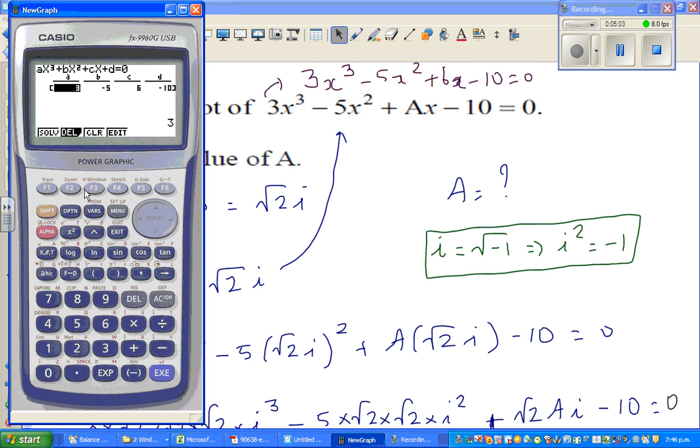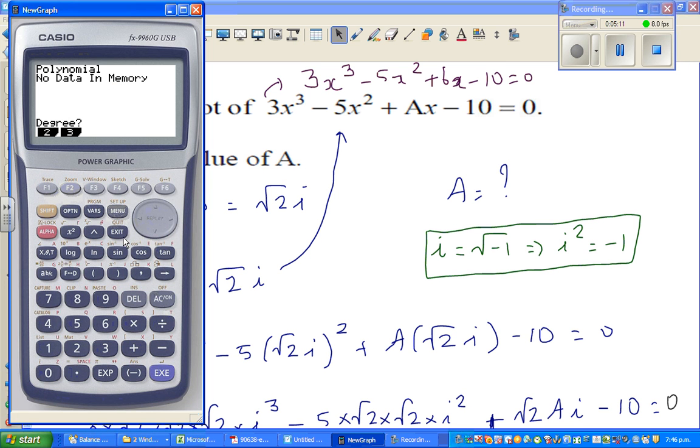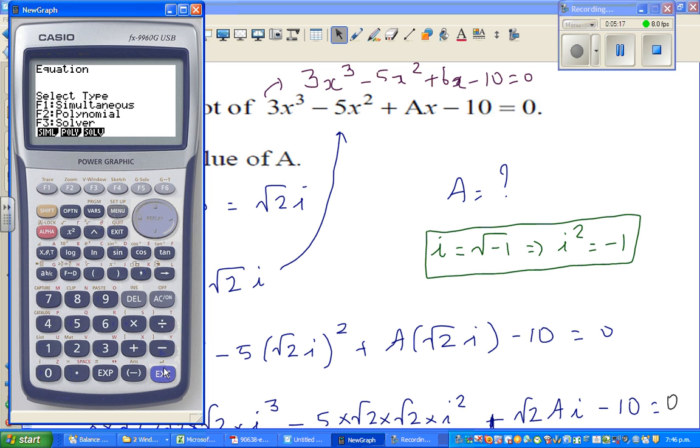First go to the equation menu, then to the polynomial, and this is a third degree polynomial.